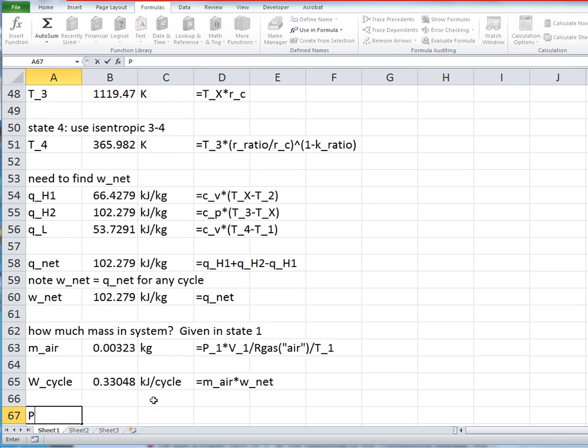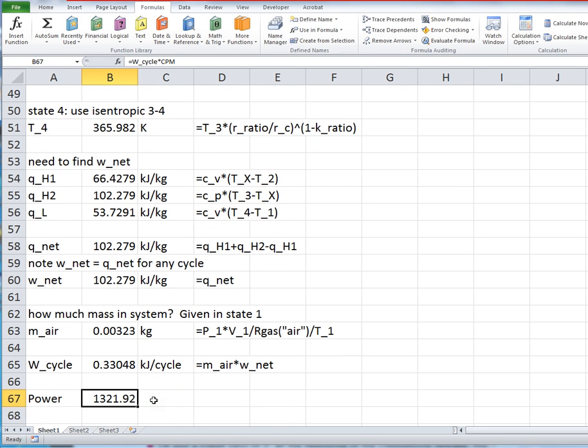And then finally he wants to know the power. And let's see, does this seem right? PV over RT. Yeah, that's the mass. And yeah, that seems right.